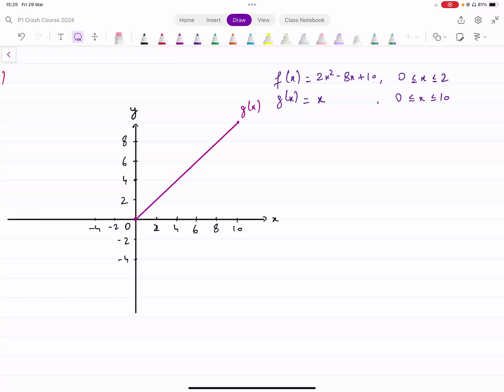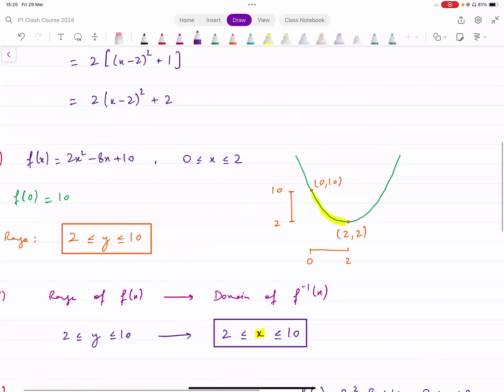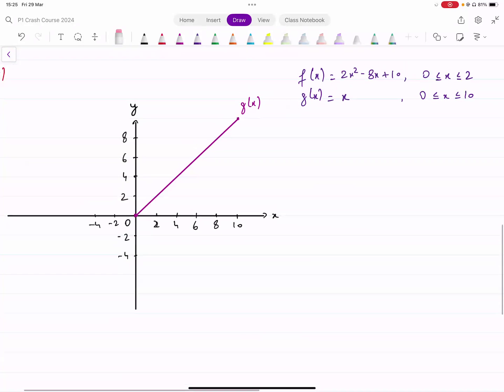Then what about f of x? f of x is a quadratic function. We know where the turning point of this graph is. We found that above. The turning point of the graph is 2, 2. Okay, let's mark that point, 2 and 2. That's going to be here. This is 2, 2.